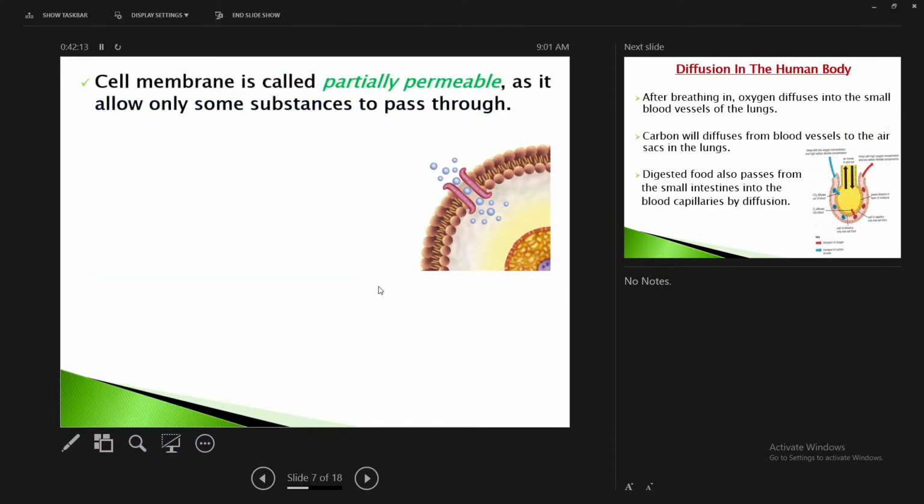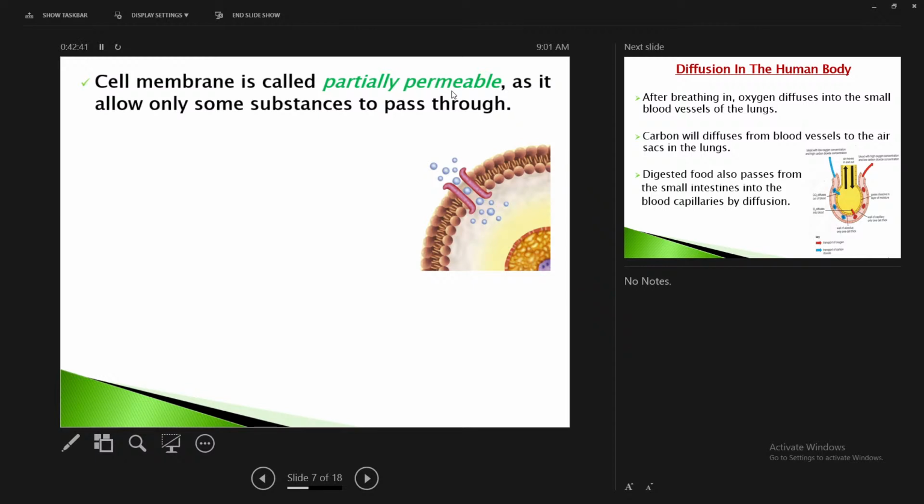Alright, the cell membrane is called partially permeable, as it allows only some substances to pass through. What this pointer is saying is that the cell membrane that you're seeing in the image is partially permeable. First, students need to know the definition for partially permeable.